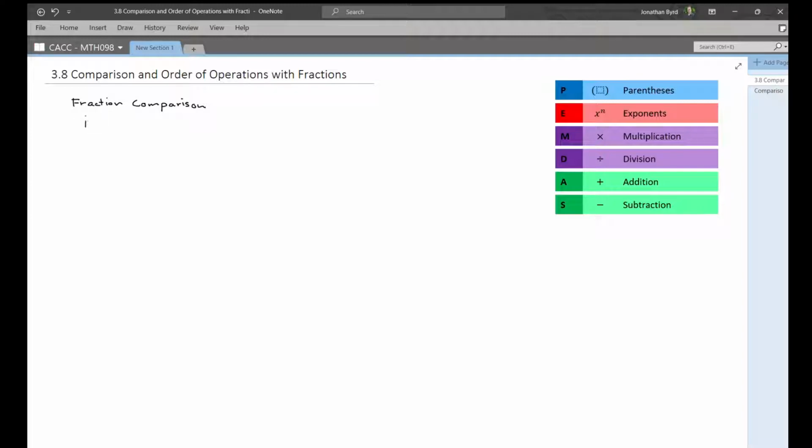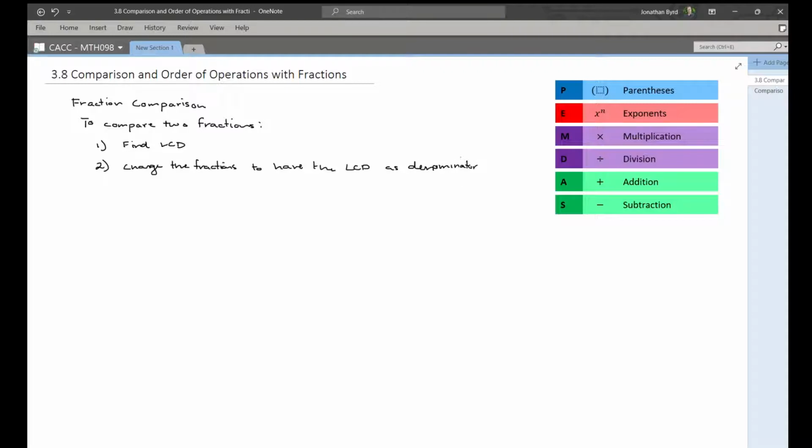So for two fractions, we actually have a three-part process that we can go through in order to make that comparison a little bit easier. So to compare two fractions, first, find the LCD, the least common denominator among the two fractions, then change those fractions to have the LCD as denominator.